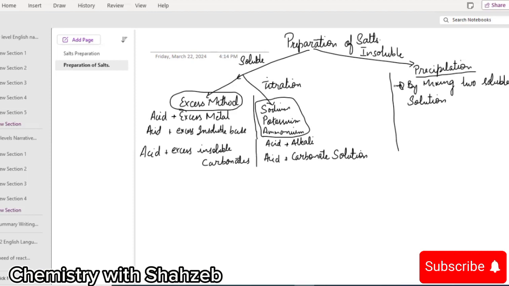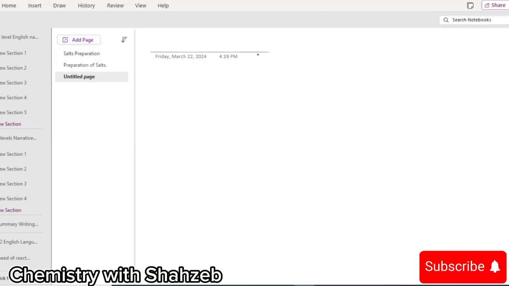The process associated with the precipitation method is quite simple. So first, let's look at the process of precipitation.